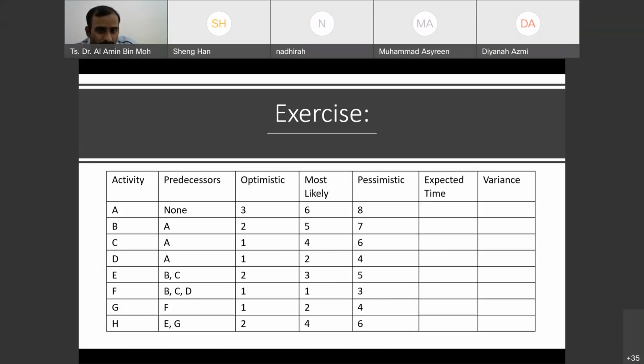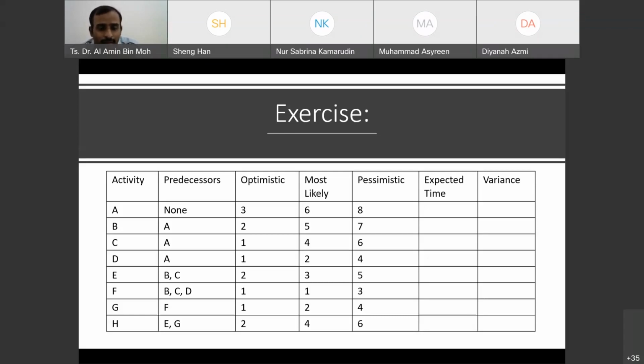So calculate the expected time and the variance, and then try to develop the network diagram. Okay or not? Okay, doctor. Seems all of you are tired. If you don't have any question, we are done. Make sure you try this exercise.